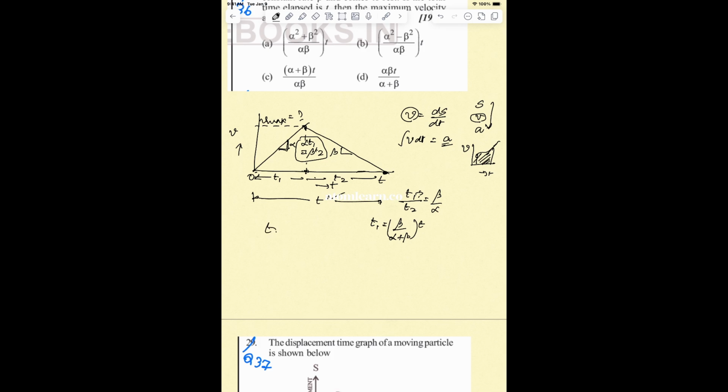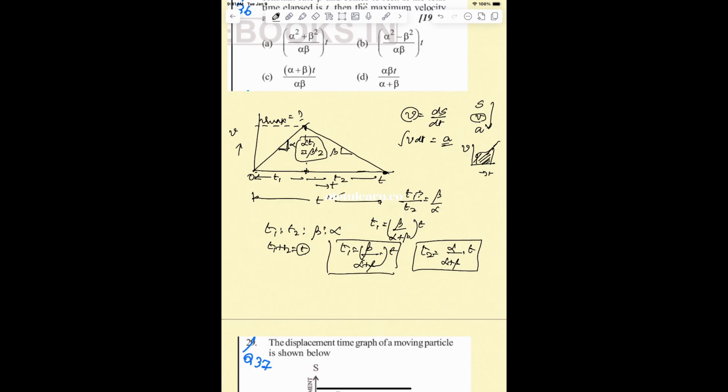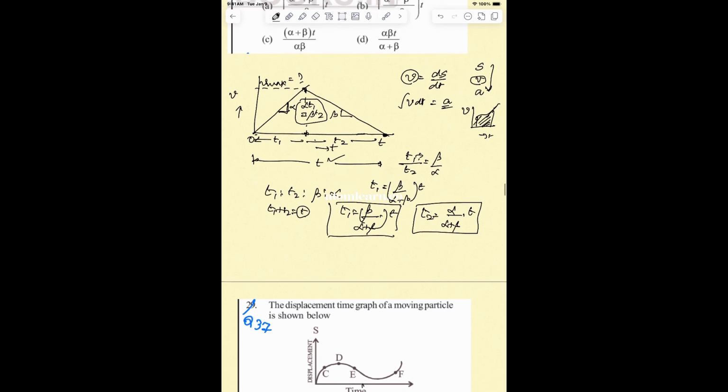Because T1 is to T2 is in the ratio of beta is to alpha, and also T1 plus T2 equals total T. Therefore, T1 should be equal to beta by alpha plus beta times T. And similarly T2 should be equal to alpha by alpha plus beta times T. This is what I meant by saying that you should be sharp in mathematics in order to succeed in this examination. Anyway, let's continue. Therefore, T1 equals this.